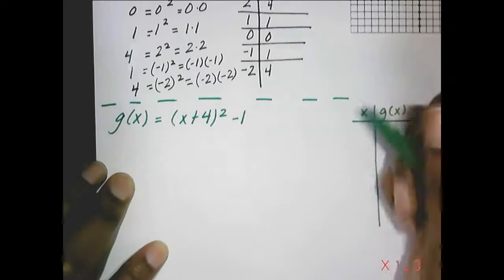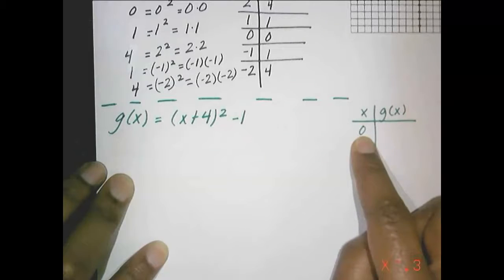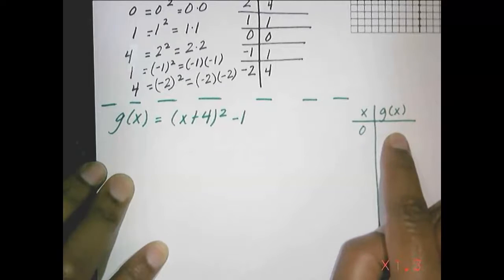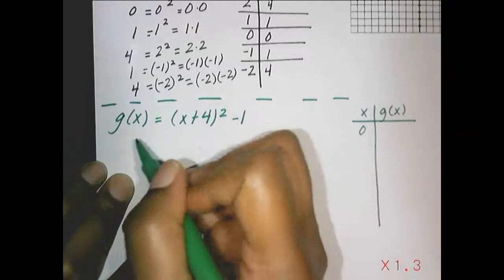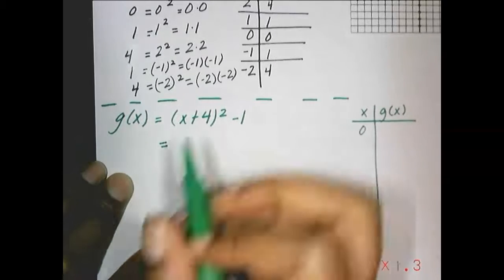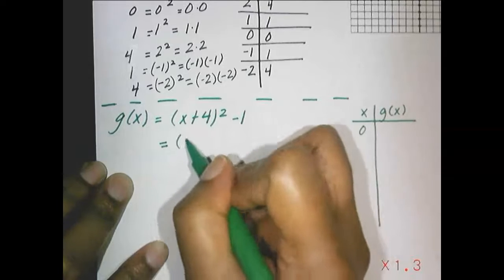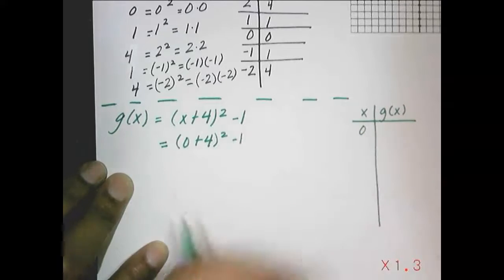So here we go. I'm going to first look and see what happens at the origin for x. What will the y value be, or what will my output be if my input is 0? So to set that up, I don't know what y is going to be or what g of x is going to be when I let x be 0 plus 4 squared minus 1.